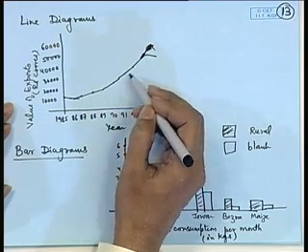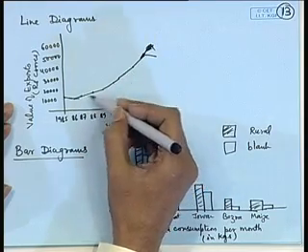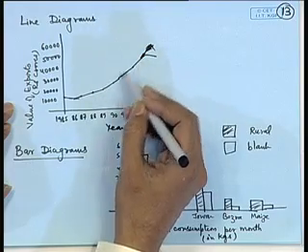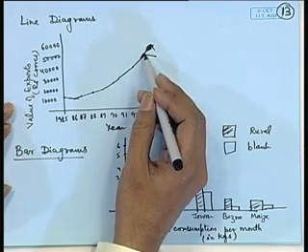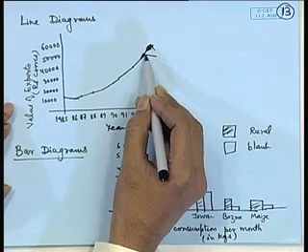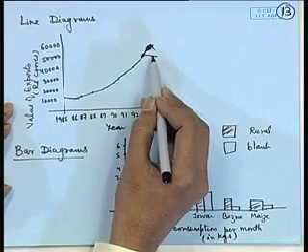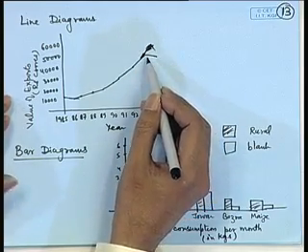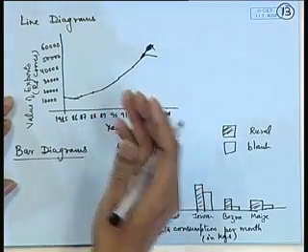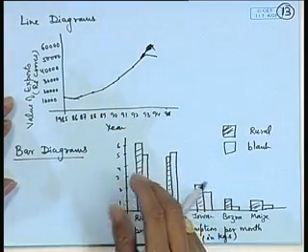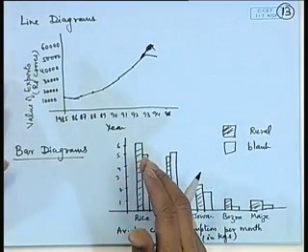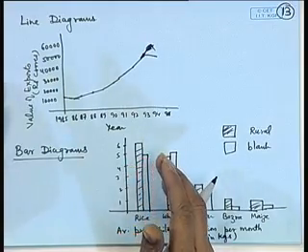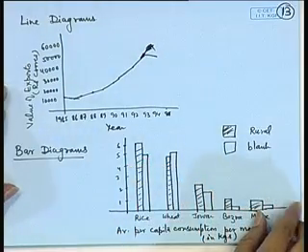One may even say what kind of trend it is: slightly parabolic, or you can say a quadratic increase in the volume of the exports, and from 93 to 94 there is again a drop, and the government may try to analyze why there is a drop. So, these line diagrams for the time data or for the spatial data give a very nice way of presenting, and one can easily compare the things.